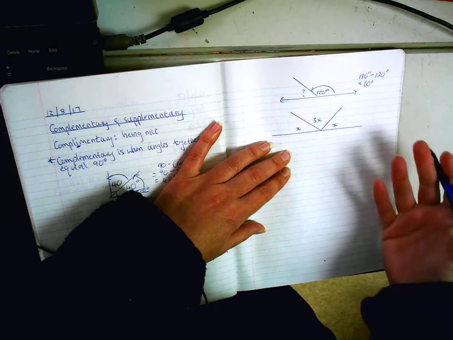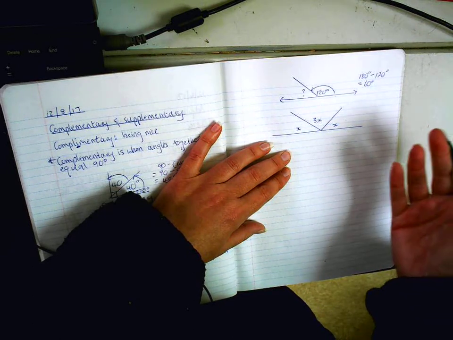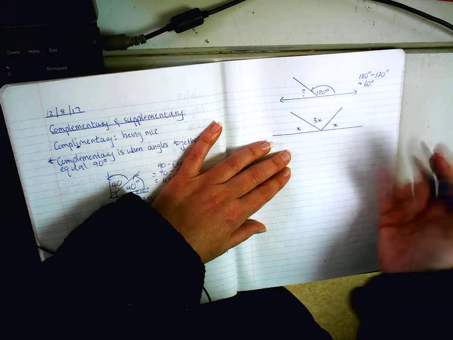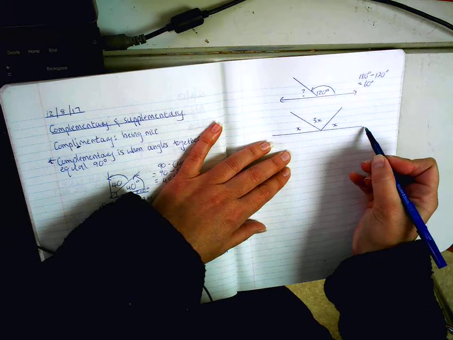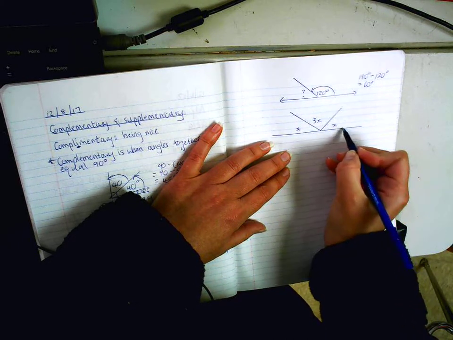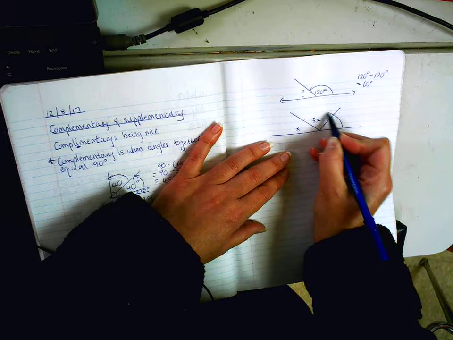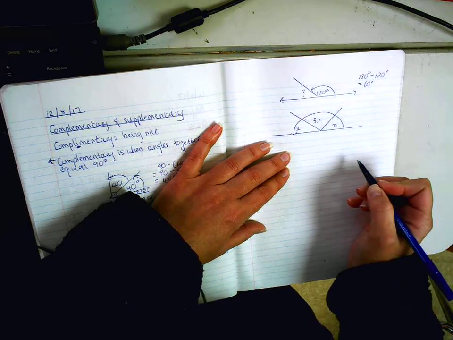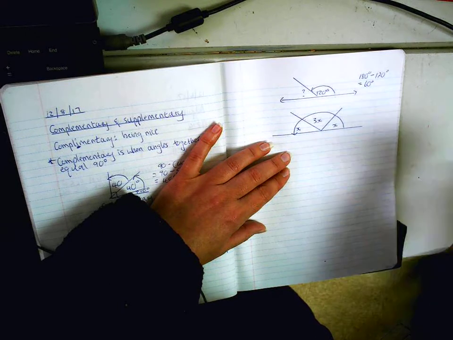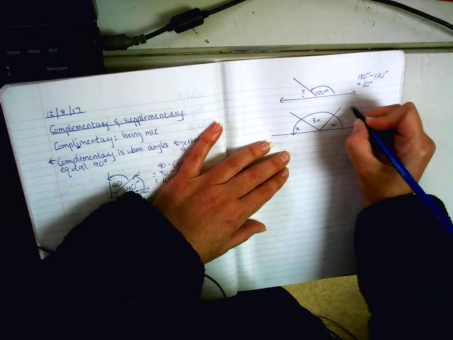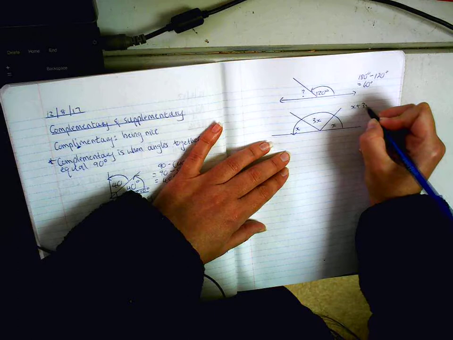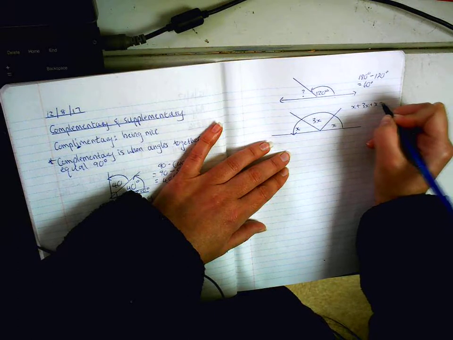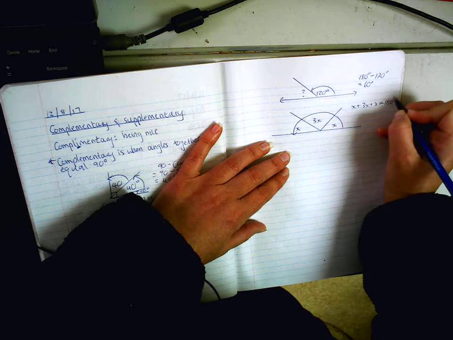So they gave me no angles, or did they? Of course they did. This straight line is 180. So if I take this angle plus this angle plus this angle, it should be equal to 180 degrees. Now I just set it up. I go x plus 3x plus x should altogether be 180 degrees.